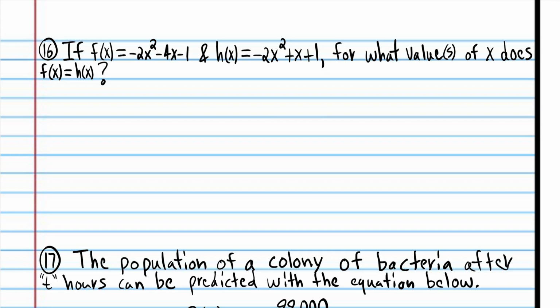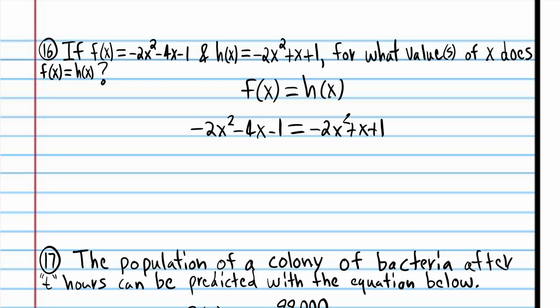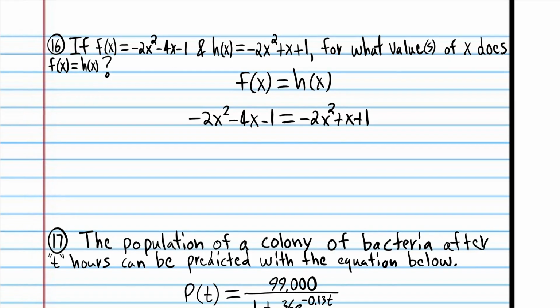All right, we're back. So we want f of x to be equal to h of x. We want negative 2x squared minus 4x minus 1 to be equal to negative 2x squared plus x plus 1. So now if we add 2x squared to both sides, we cancel out this term here, and we're left with negative 4x minus 1 is equal to x plus 1.